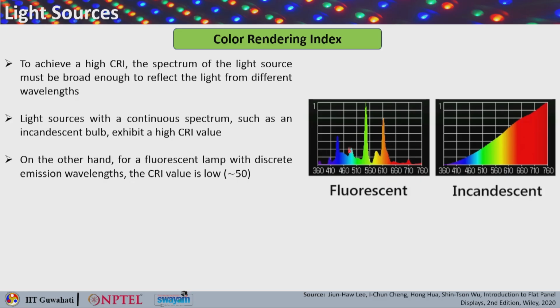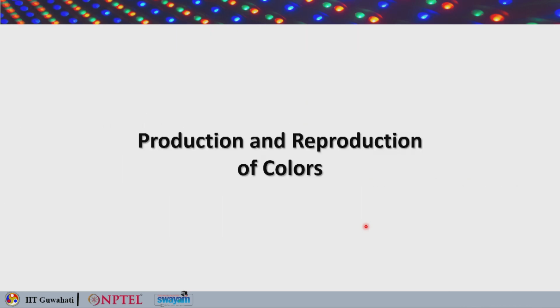Okay. So, here you can see the fluorescent lamp has basically discrete emission wavelengths. So, their CRI value is low, typically around 50. So, you can understand for a monochromatic light the CRI value can even go as a negative number. So, they are not good for production and reproduction of colors.